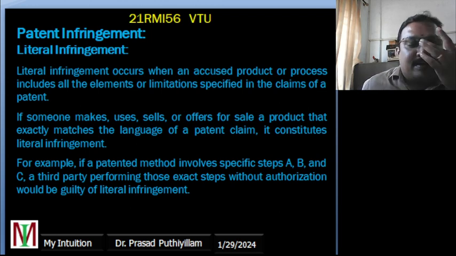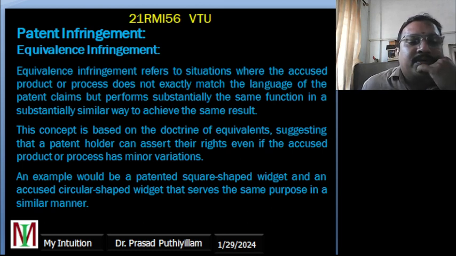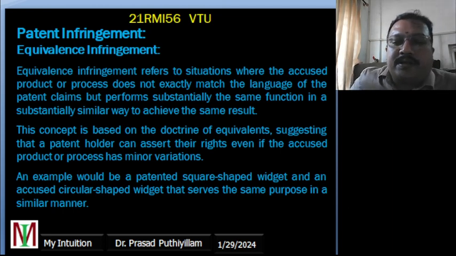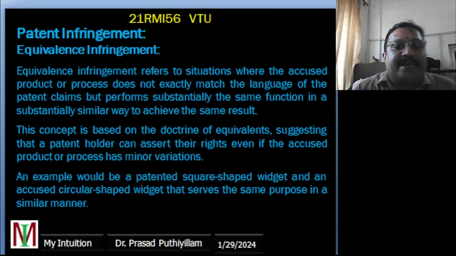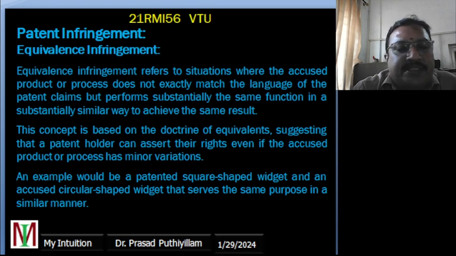So we'll go to the next one, that is equivalence infringement. Equivalence infringement refers to situations where the accused product or process does not exactly match the language of the patent claims, but performs substantially the same function in a substantially similar way to achieve the same result.